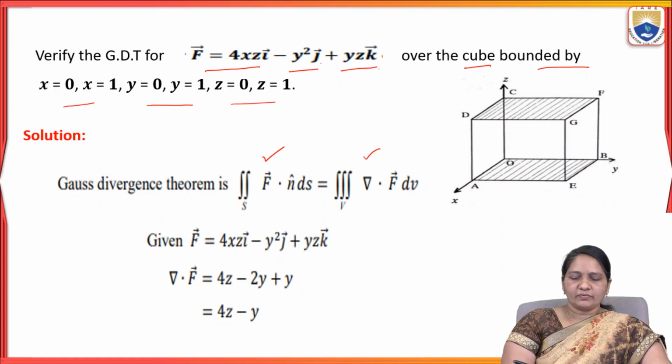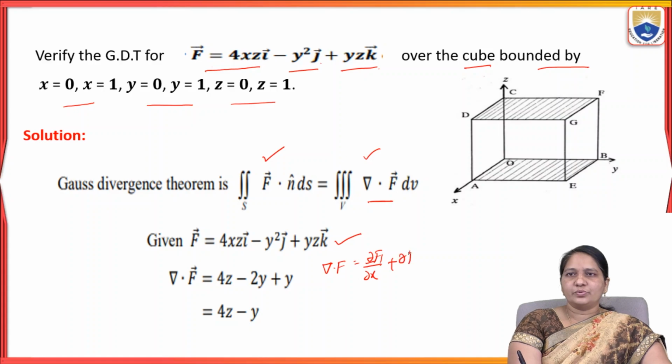So here we are writing the given data: F bar equal to 4xz i minus y square j plus yz k. Now first I am doing the RHS part. For the RHS part I need del dot F, like in the previous problem. So del dot F is dou f1 by dou x plus dou f2 by dou y plus dou f3 by dou z.